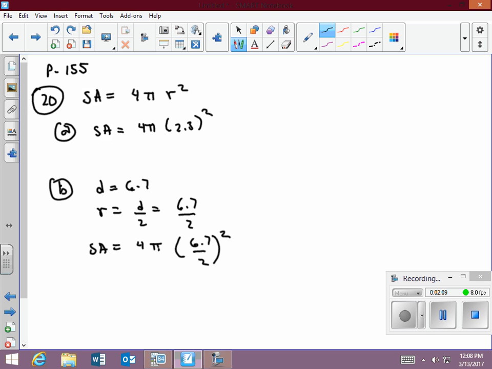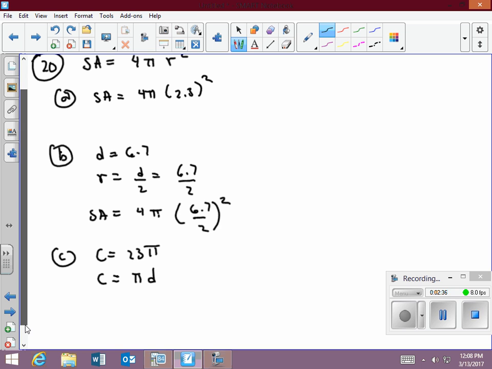And we're going to do the calculator part. The C part says they're giving you the circumference, which is 23 pi. Well, remember that the circumference is pi times the diameter, and the radius is half the diameter.